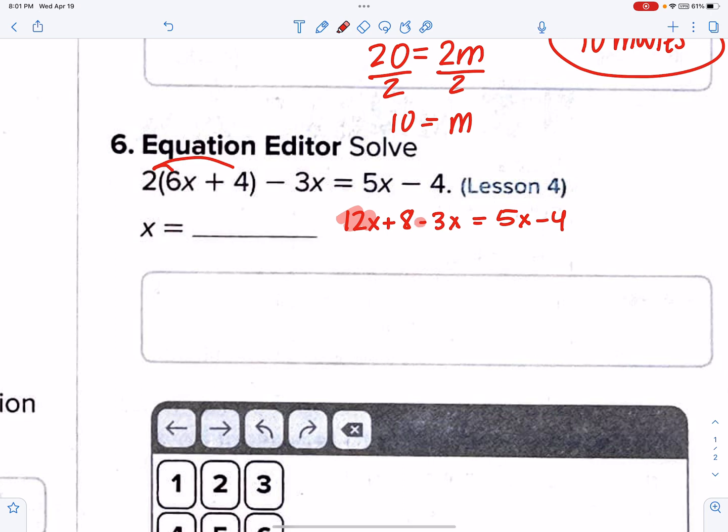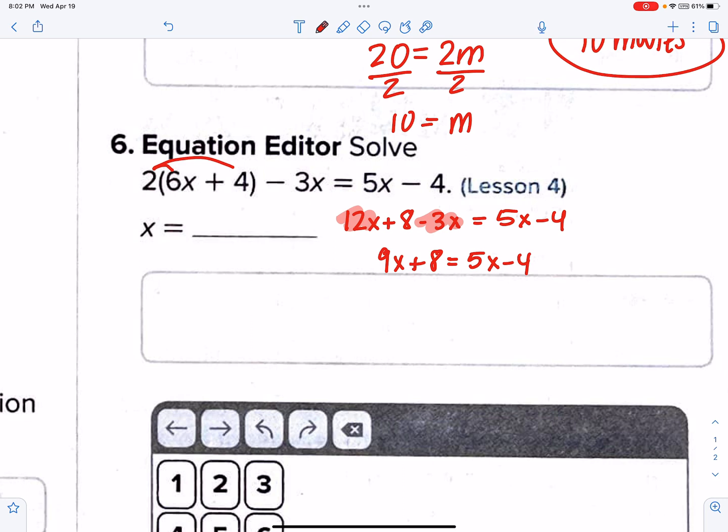So I have this 12x and negative 3x here. When we combine like terms, we're only combining on one side of the equation. We're not moving anything to either side here. So right now I have 9x plus 8 equals 5x minus 4.